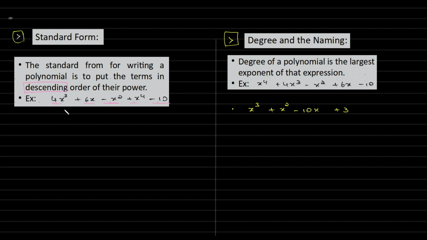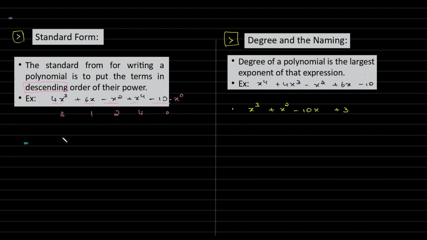The first term has a power of 3. The second term has a power of 1. This is 2, this is 4, and this is by default 0. The power is 0. That is, minus 10 can be written as minus 10 times x to the power of 0. So how do we write this in standard form?